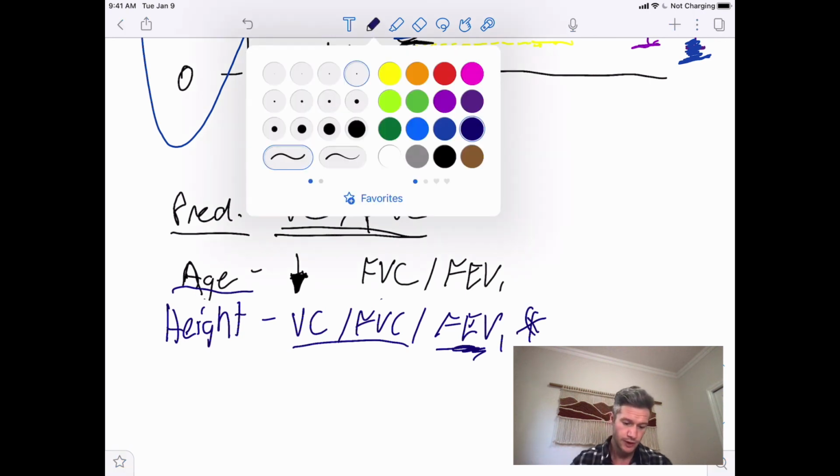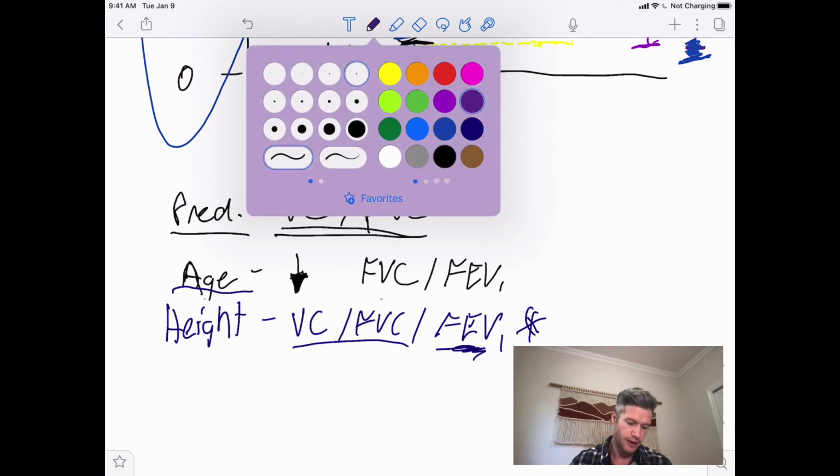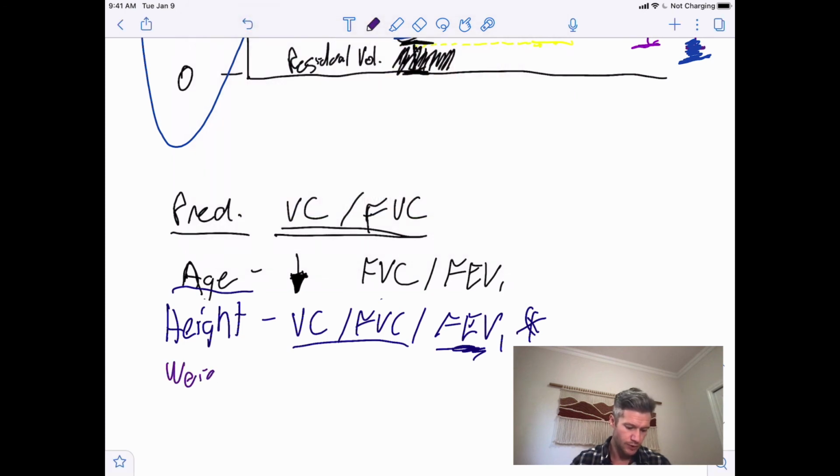Okay. Another factor that plays in is weight, although this one has more to do with functional residual capacity and expiratory reserve volumes. So it's more on the exhale side of things that you'll see those go down.